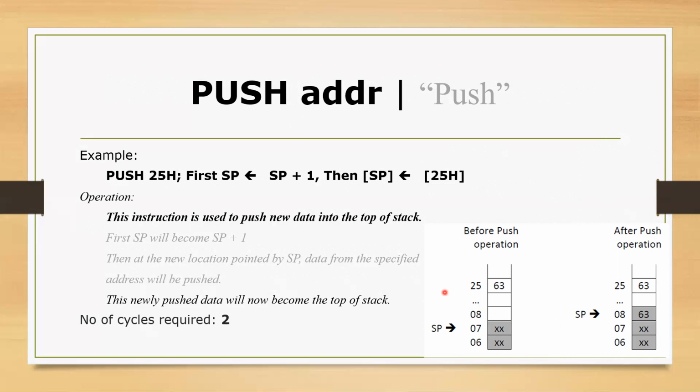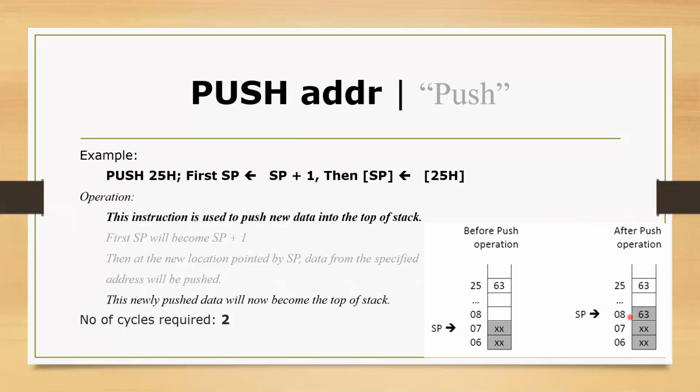If you push 25 hex, this instruction is used to push data onto the stack top. We are giving an address, and from that address location the data will be copied to the stack. First the SP is incremented, that is SP becomes 08, and the data from 25 hex is copied to that location.